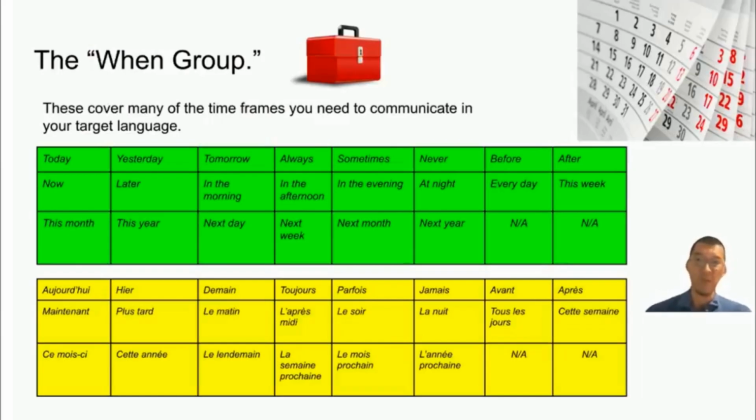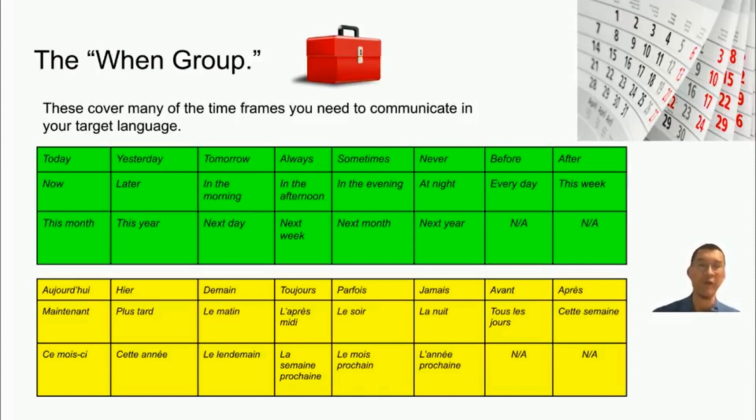So here we have the when group. I think by now you should be able to understand why this is called the when group. Basically, it's organized based on time frames of all different types. These cover many of the time frames you need to communicate in your target language. This toolbox that I'm having you prepare covers universal concepts of time.